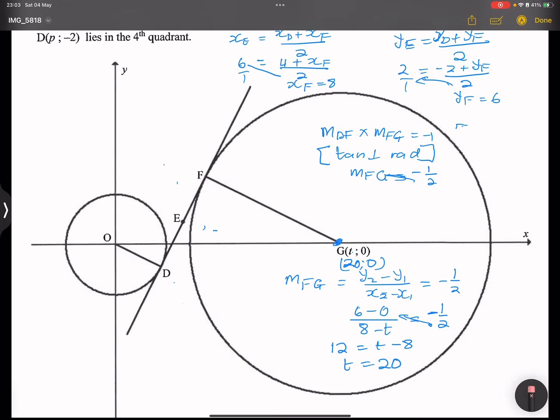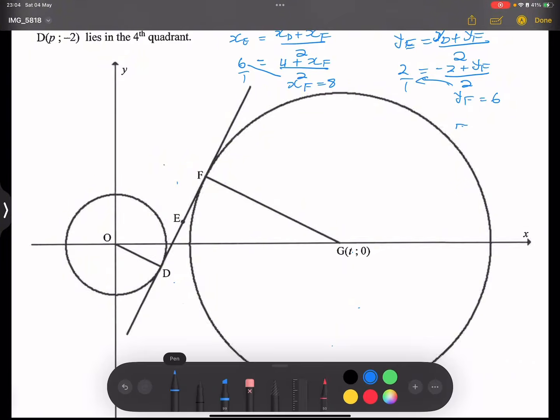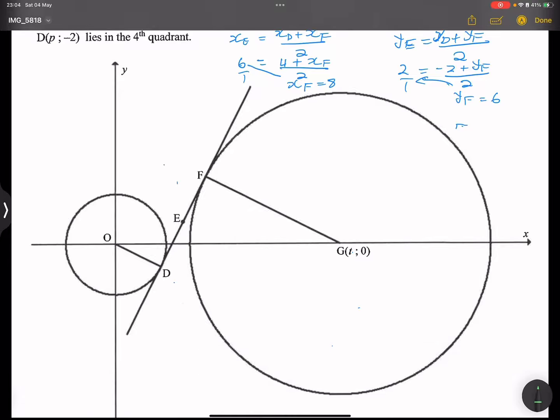I want us to look at this question together and consider the possibilities. They want the two circles to touch one another internally. So if I move the small circle by whatever units, I want the small circle to touch the big circle internally.